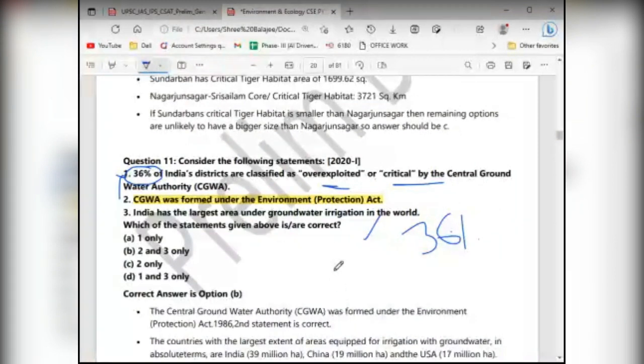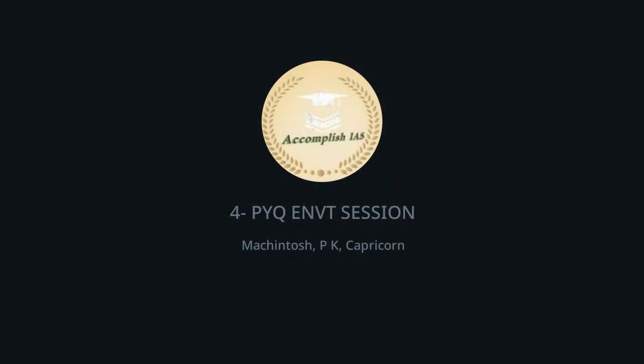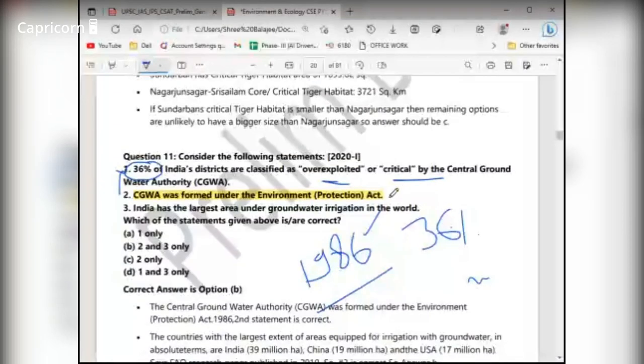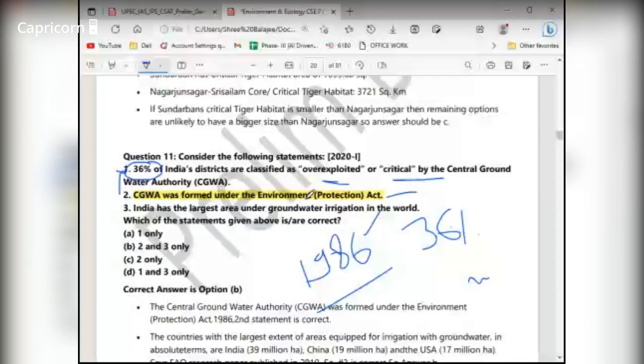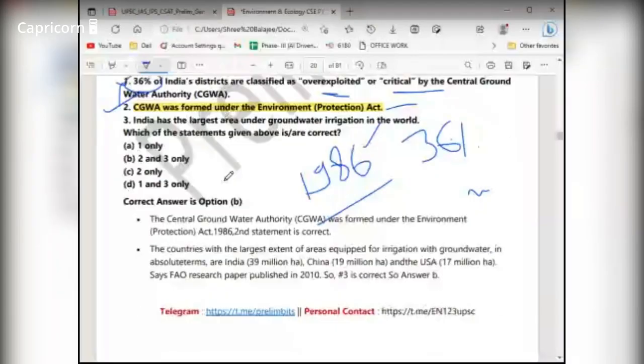The EPA came in 1986 and the WPA in 1972. So the WPA came first and then came the EPA. The eco-sensitive zone is also established under the EPA Act 1986. So this point is very important. Point number 2, CGWA was formed under the EPA Act.